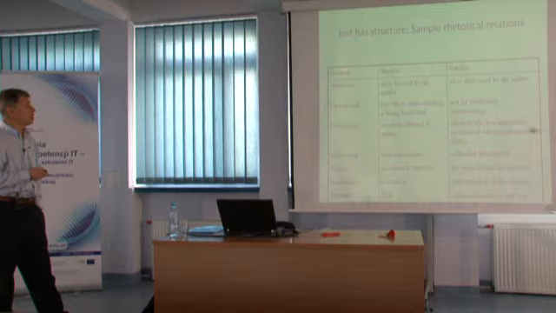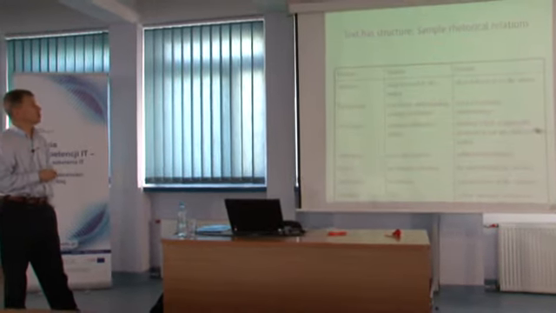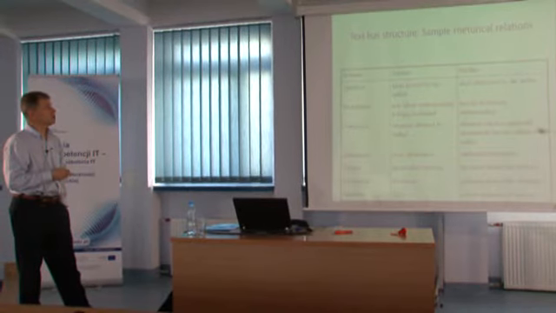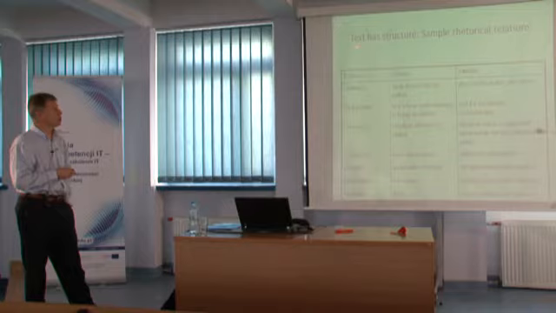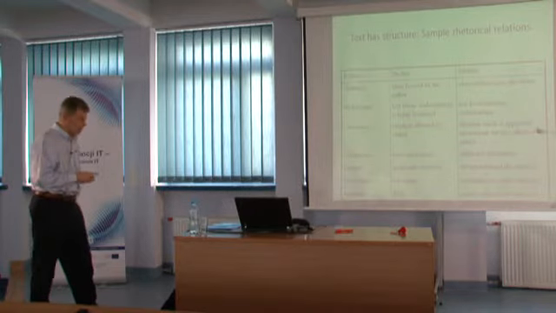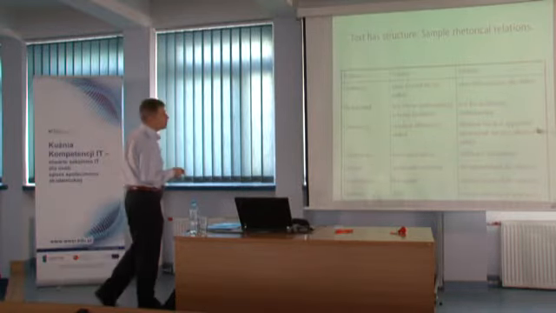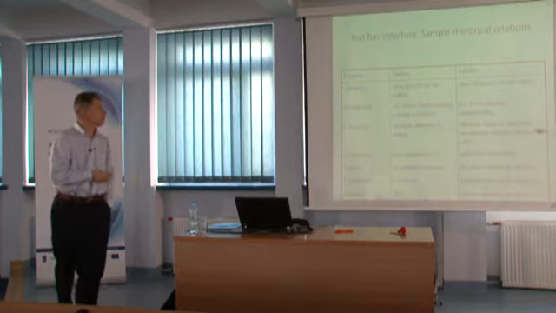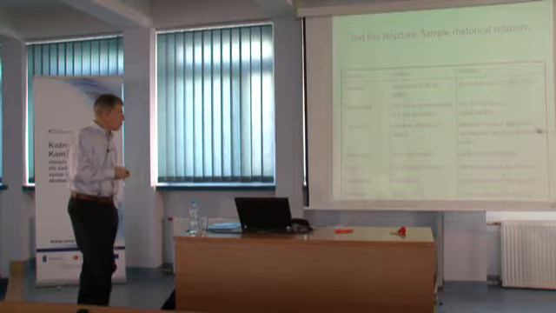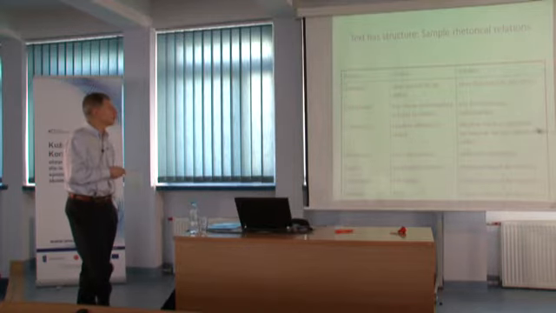We are still not using much of the textual structural information, if such information goes beyond the sentence. So here are some of the rhetorical relations that linguists are discussing. You can have something like a thesis and antithesis.